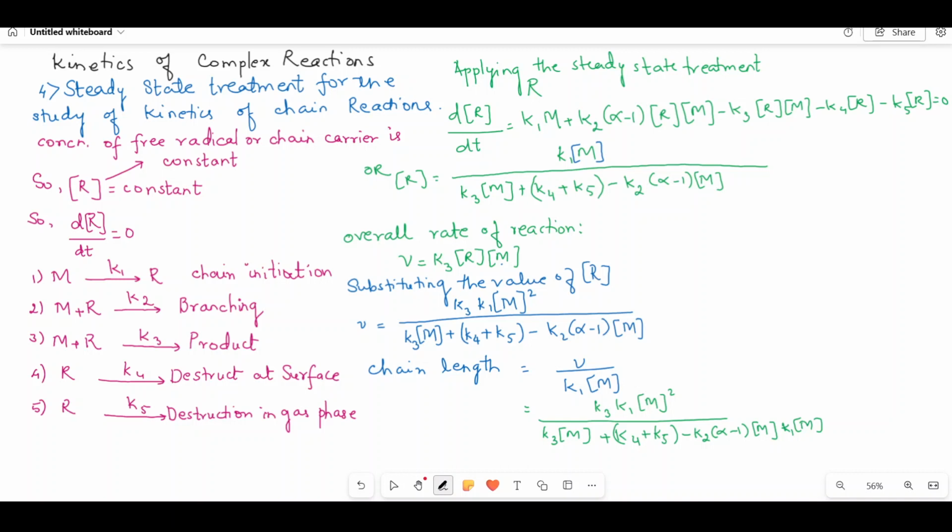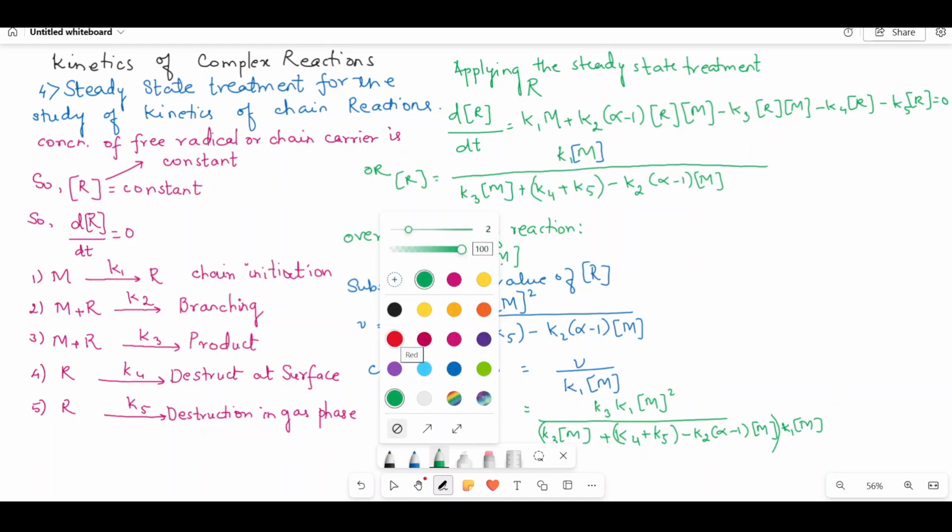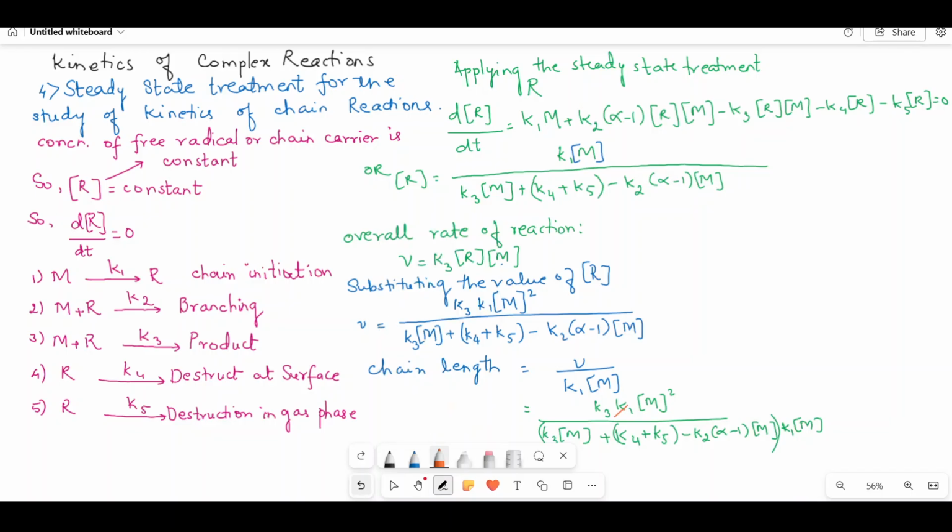So this whole thing multiplied by K1M. Since this is common, K1M gets cancelled, and what answer we get is, K1 gets cancelled, M gets cancelled.